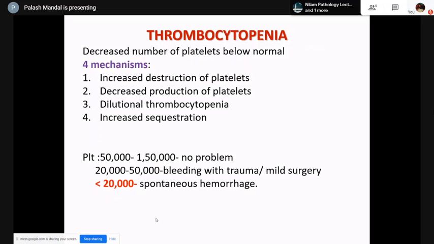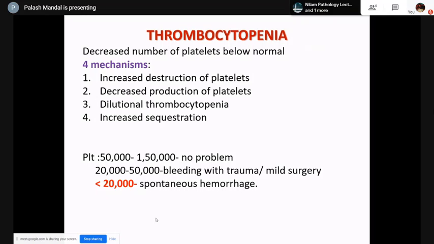The problem starts when the platelet levels fall below 50,000. Clinically, between just under 1,50,000 and 50,000, no problem is detected externally or internally. Between 20,000 to 50,000, bleeding happens only when there is a trauma or mild surgery. Below 20,000, that is the critical level, even spontaneous hemorrhage can start.